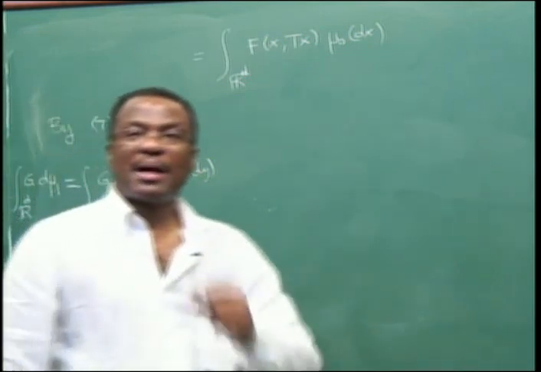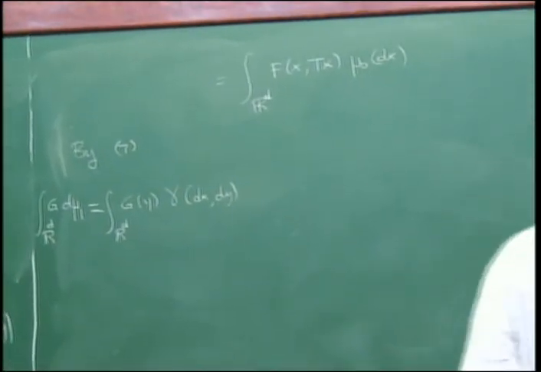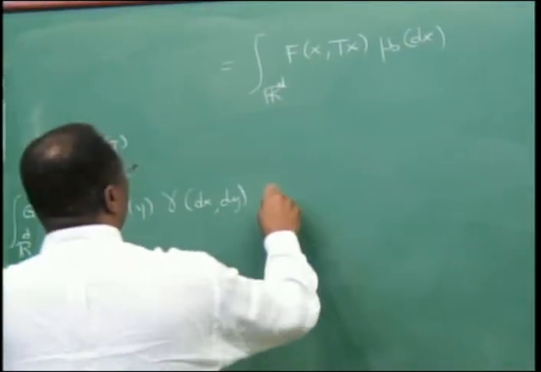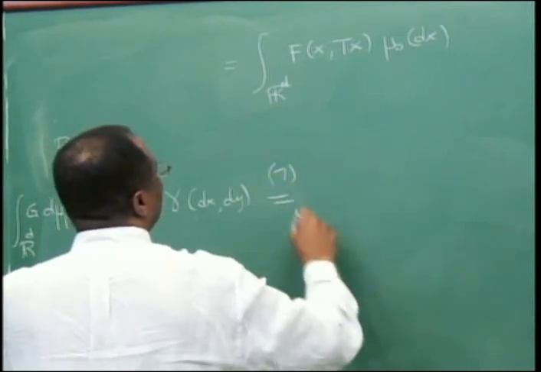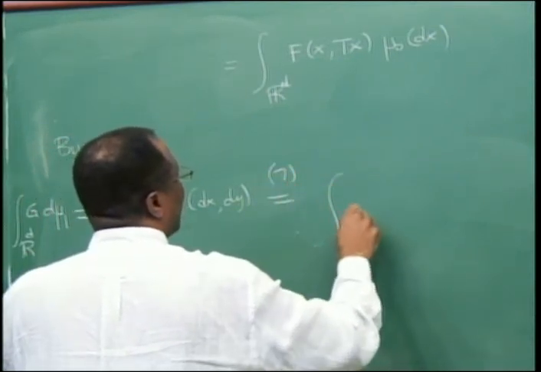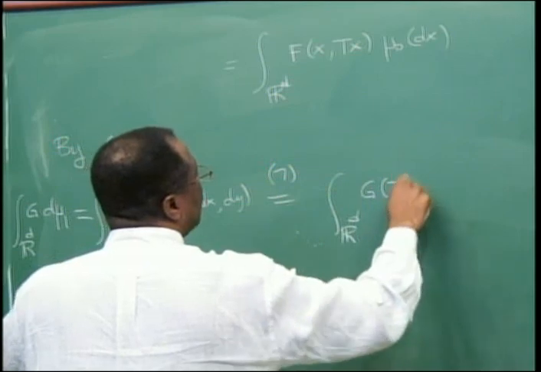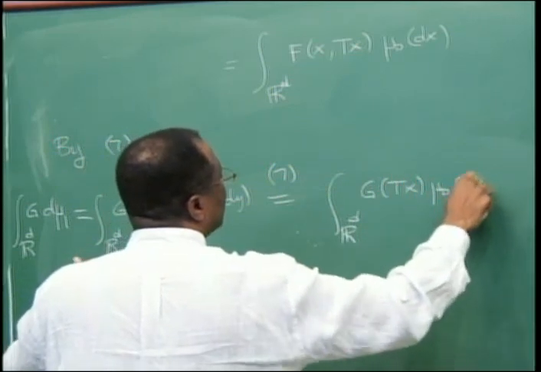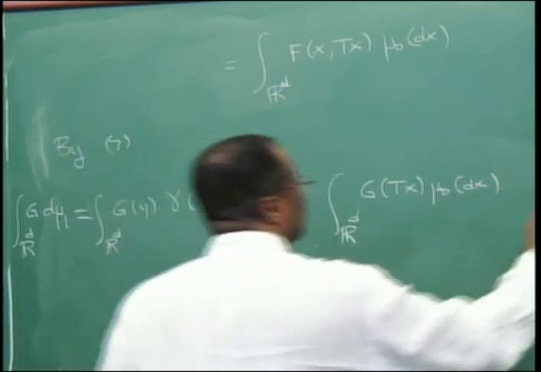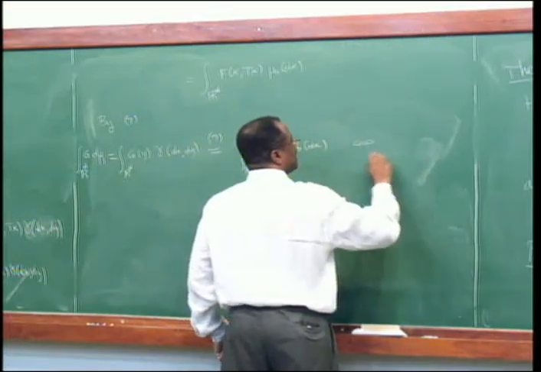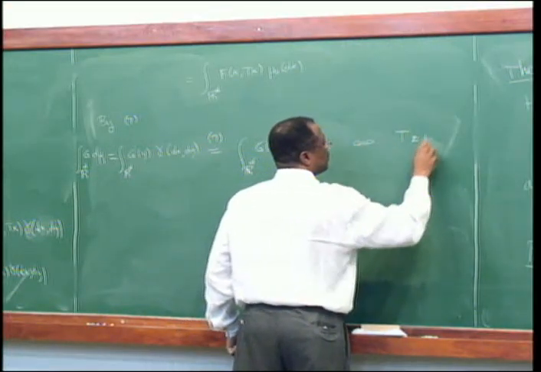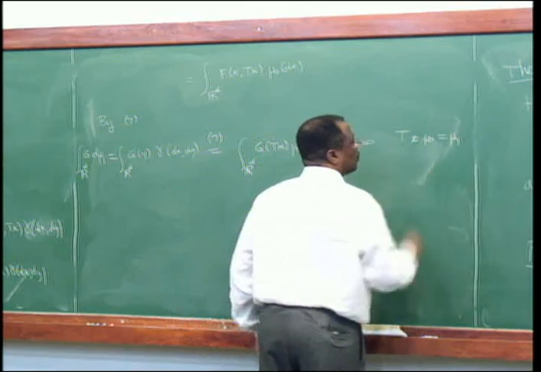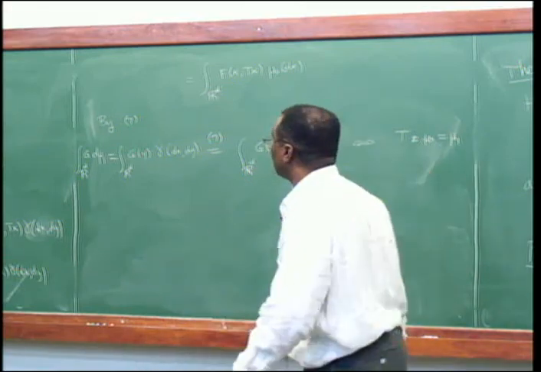I am using that the second marginal of gamma is mu 1. So here I use 7. This says this is the integral over R^d of g of T of x mu naught dx for every g. This is the same thing as saying that T pushes mu naught forward to mu 1.